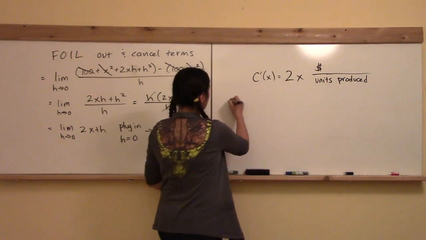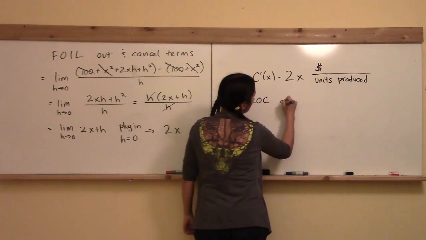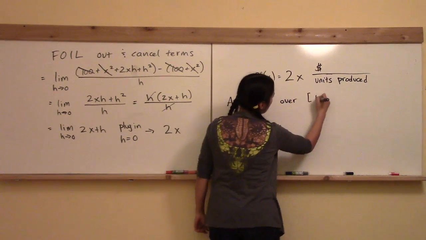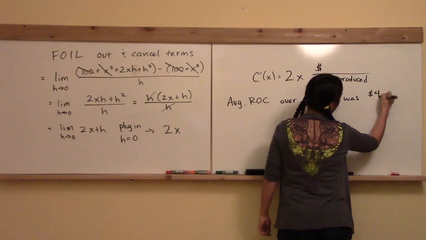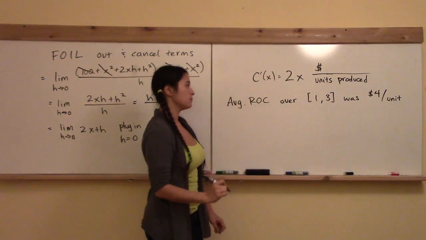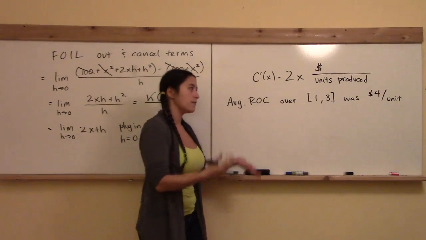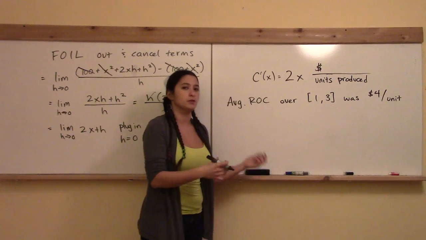All right? Now before, remember we calculated the average rate of change over the interval from 1 to 3. That was $4 per unit produced. Okay, that was $4 per unit, which is to say, on average, every time I decide to make one more unit, it's going to cost me $4 more.